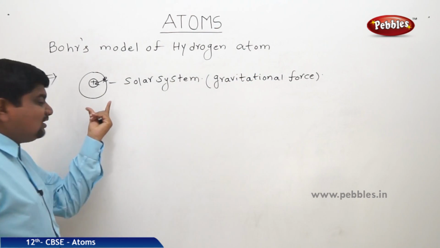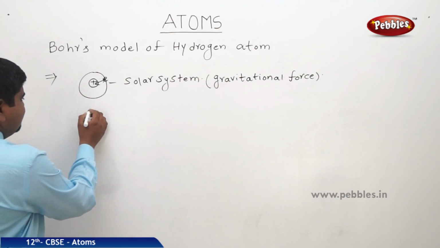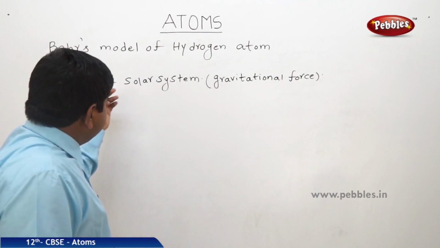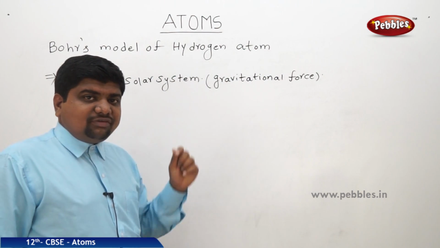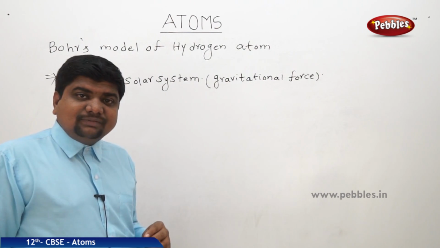But which force is the reason to stabilize the atomic structure? The concept is like this. Between a positive charge and a negative charge, automatically there is a Coulombic force of attraction when they are separated by a distance.